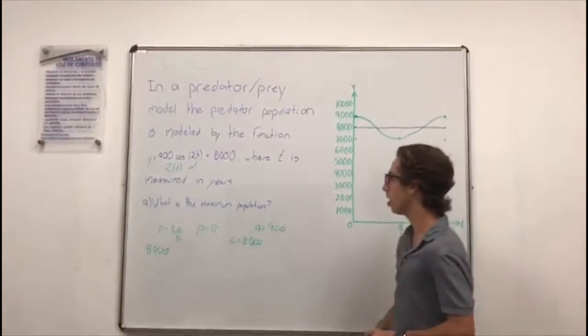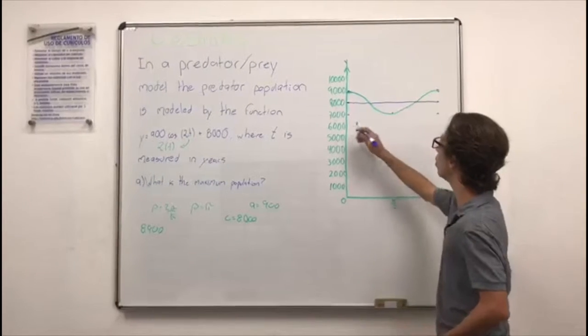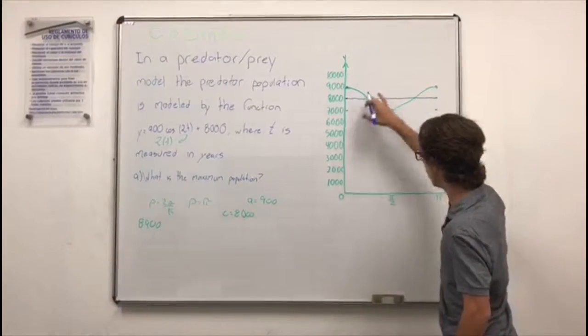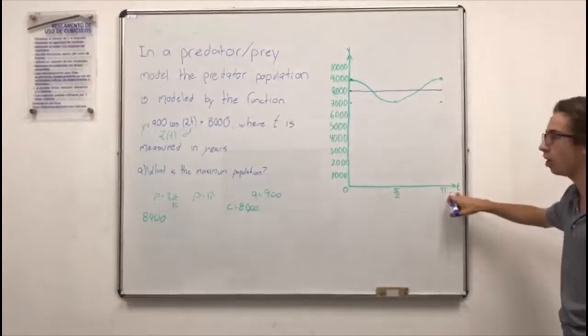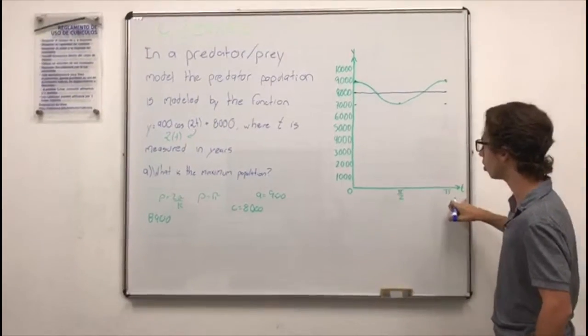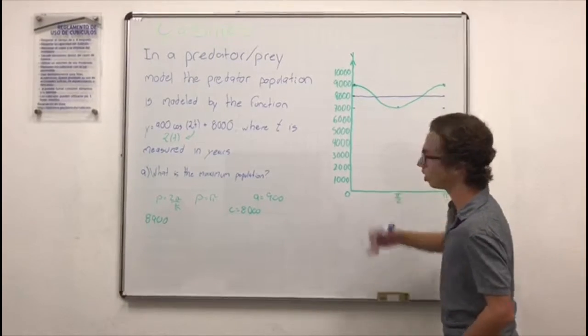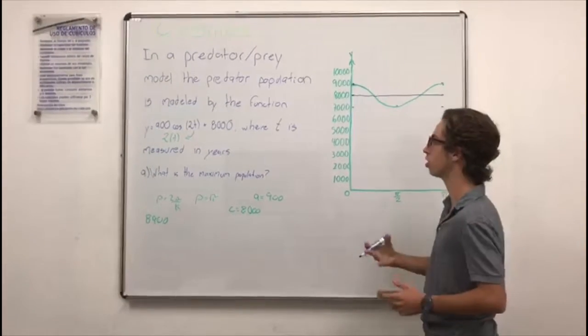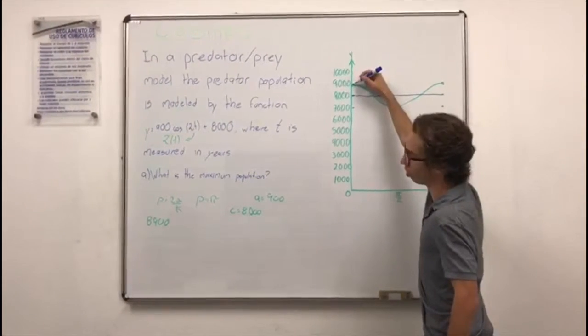Okay, as my partner said, the maximum population is 8,900, and given this graph, we know that at 0, with the x-axis here, the original one, equals time. That's why it's got a t here. So basically, at around 0 years, because t is measured in years, we will have 8,900 predators.